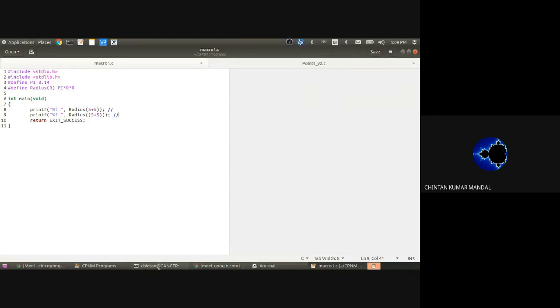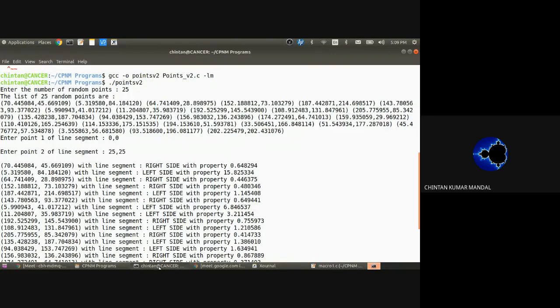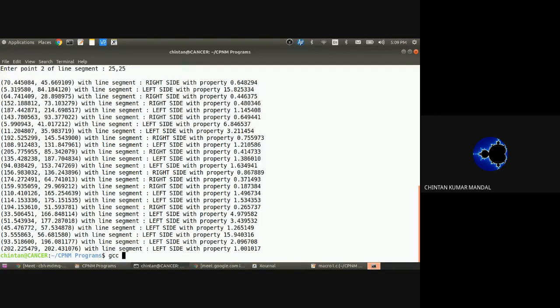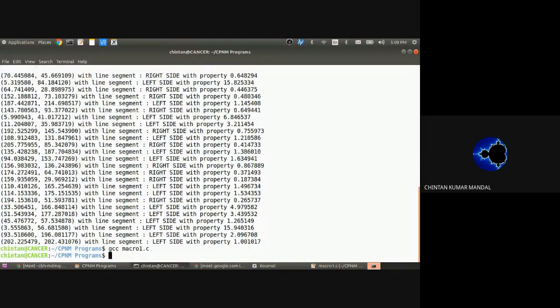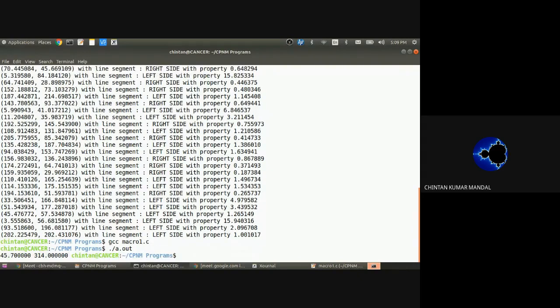Okay, let's see. Compile করা যাক তাহলে। So gcc macro 1.c. ঠিক আছে, এবার এটা হচ্ছে কি, so my default is basically a.out. This is my answer which is coming.